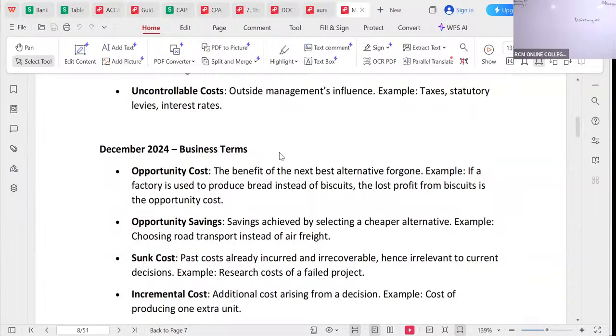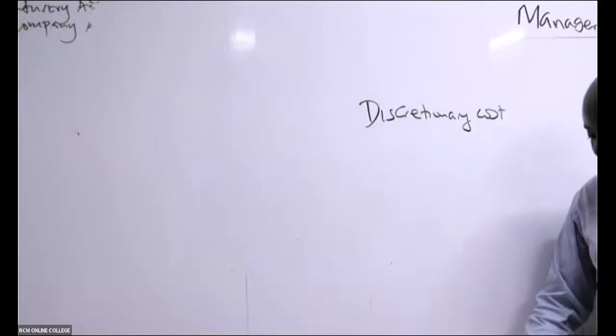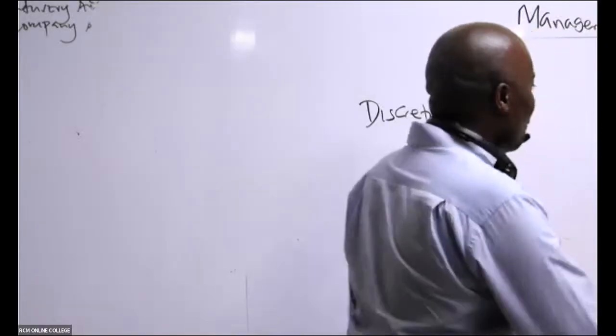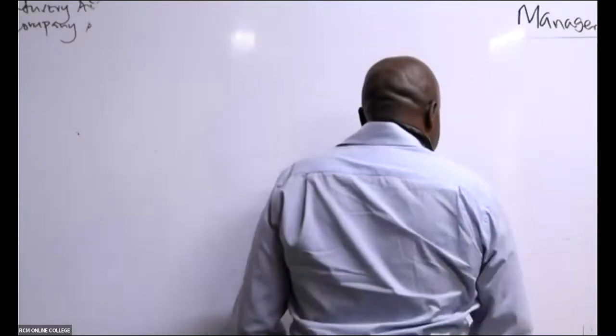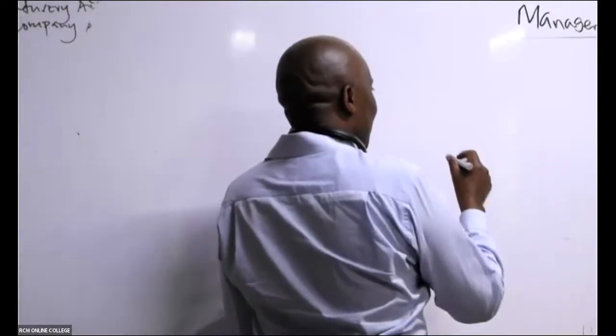So we have their business terms which came in December 2024. They want us to define opportunity cost. Opportunity cost, like now you guys, I'm so sure for you to be here, you must have sacrificed something outside there. I'm so sure lazima kuna mwanafunzi ako hapa.